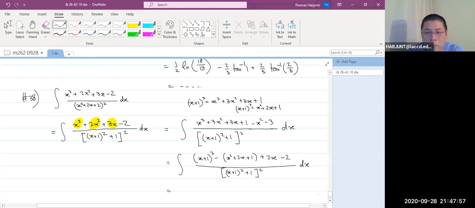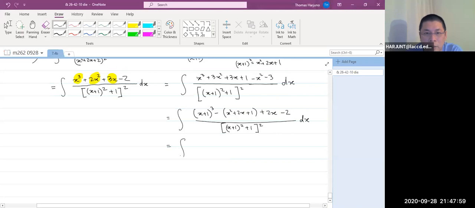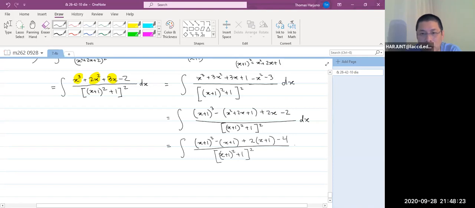So this now becomes, oh, my time is running out. This will be 2 times (x plus 1) minus 4 over (x plus 1) squared plus 1, quantity squared. Now I do substitution by u equals x plus 1, so du equals dx.